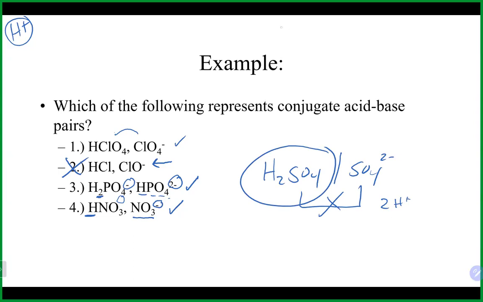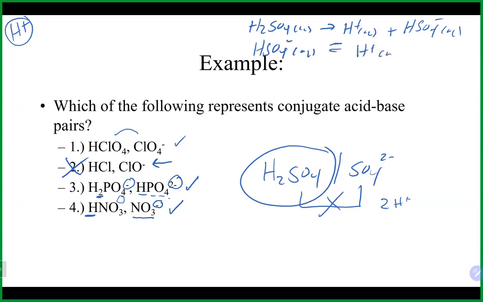So what would happen in this situation is the H2SO4 would lose a hydrogen and make HSO4 minus. Then the HSO4 minus would lose a second hydrogen and become SO4 2 minus.